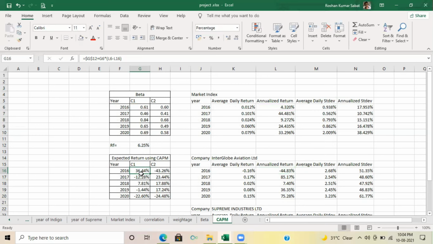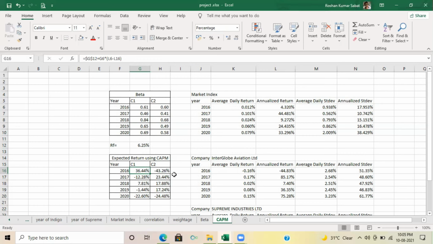The formula for expected return is RF plus beta multiplied by RM minus R. RF is the risk-free rate, RM is the market return, and R is the annual return, which you already know.